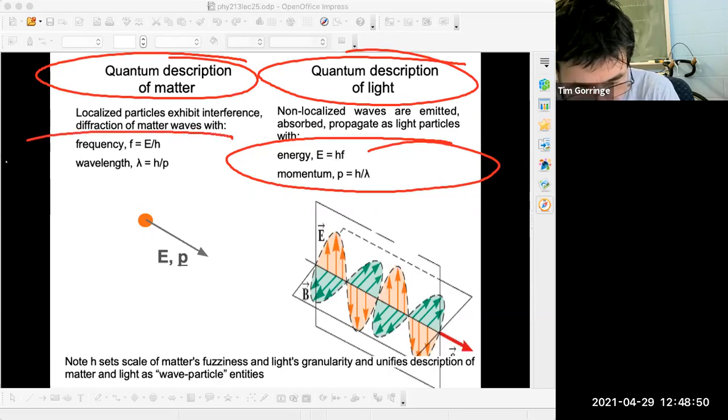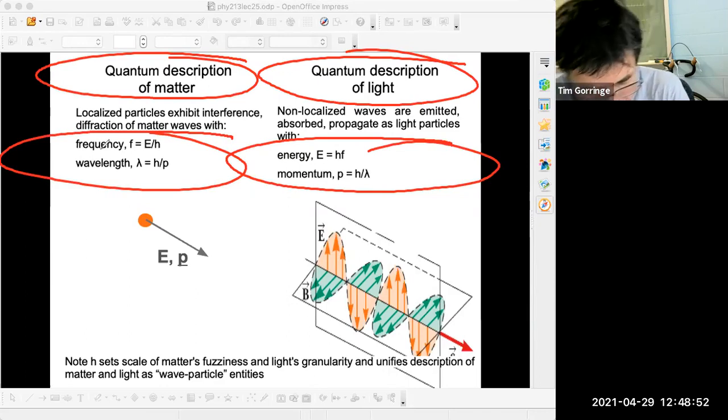And then over here on the left-hand side, these are the corresponding relations for matter waves. So in this case, I've got the familiar particle-like properties, energy and momentum, E and p, and then I've got the wave-like properties of matter, the frequency and the wavelength, sitting over here on the left. And again, it's Planck's constant that relates these two perspectives.